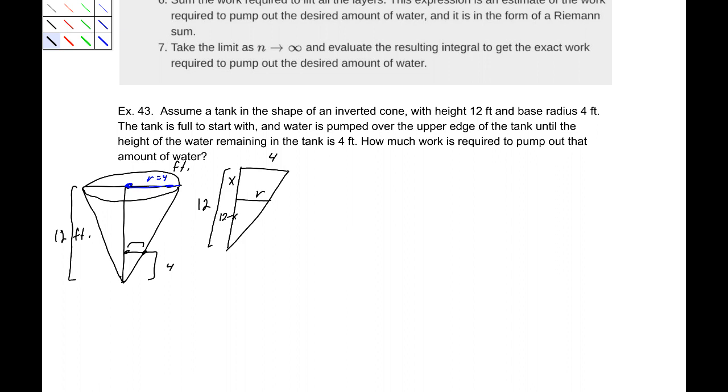So we have similar triangles. A radius of 4 gives us a depth of 12, which means that at a depth of x, we have a radius of r. That puts x and 12 minus x here. Similar triangles means we've got r over 12 minus x proportionally equal to 4 over x.